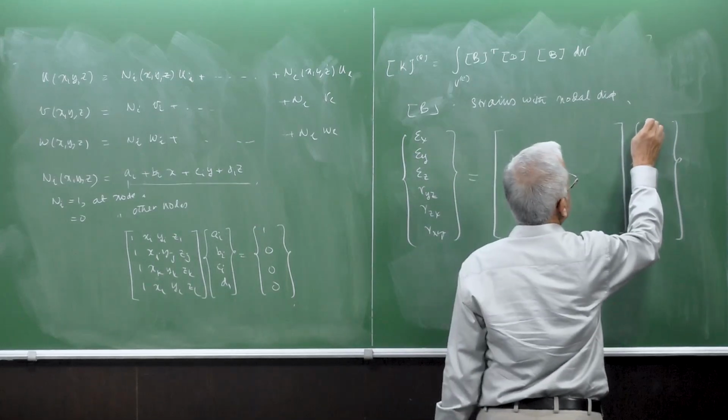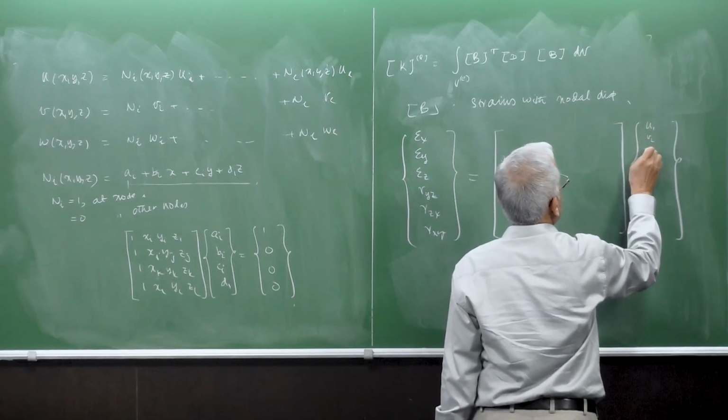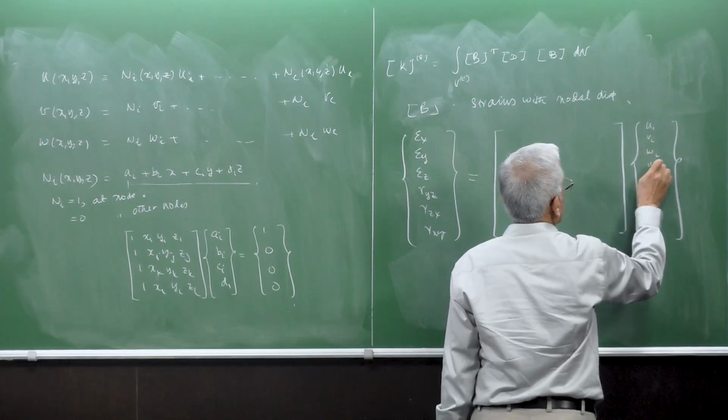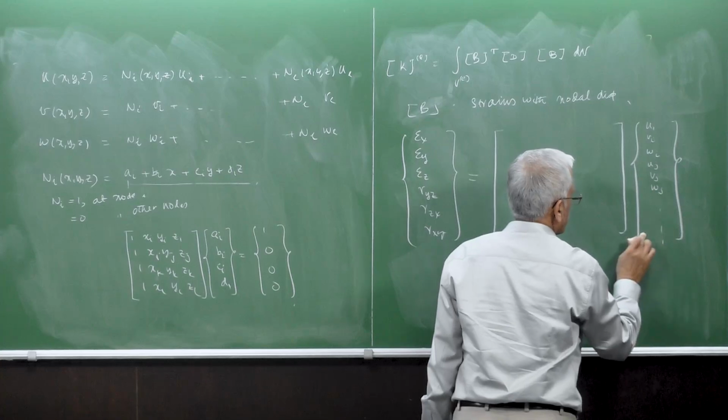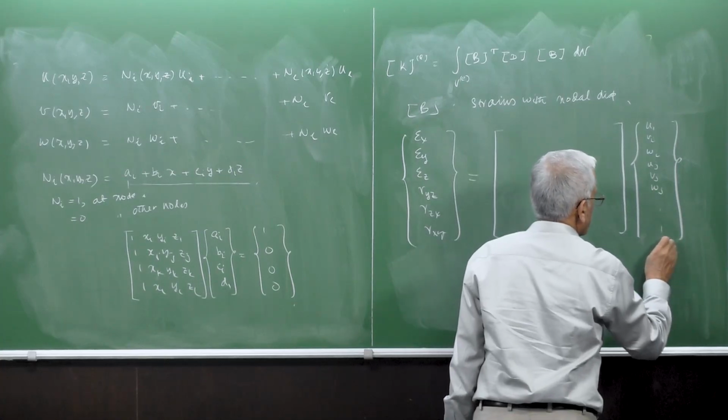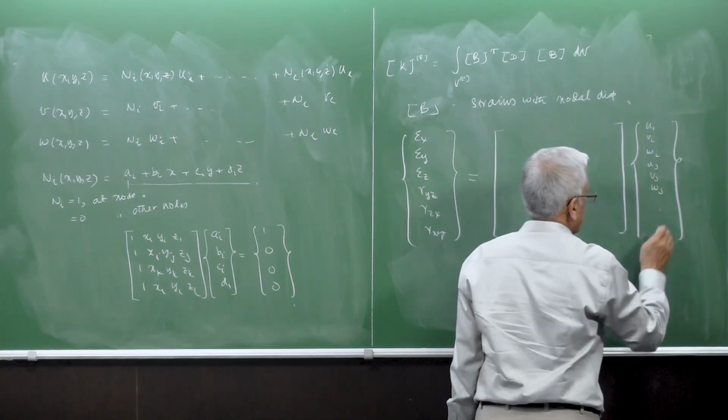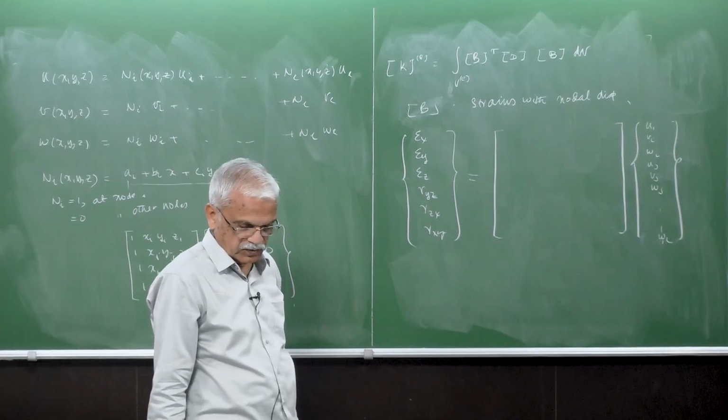What are they? They are ui, vi, wi, uj, vj, wj, and all the way up to wl.